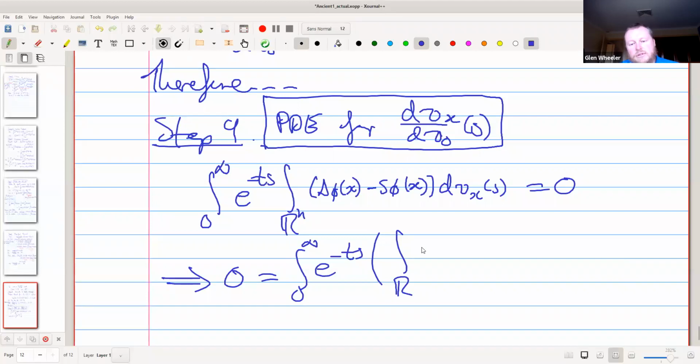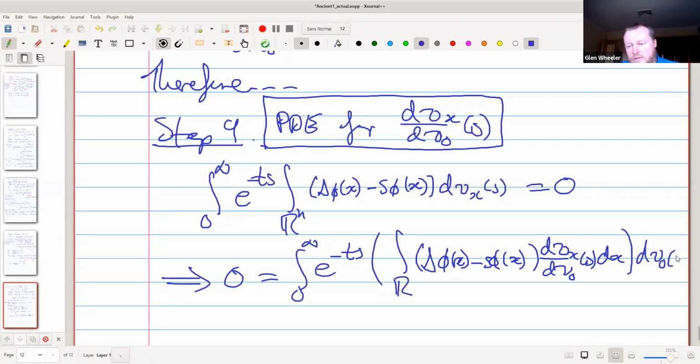So what we've got to have in the middle is this Radon-Nikodym derivative. It's actually not that hard to remember. Of s, and then this is dx, and then this is dν_0(s).